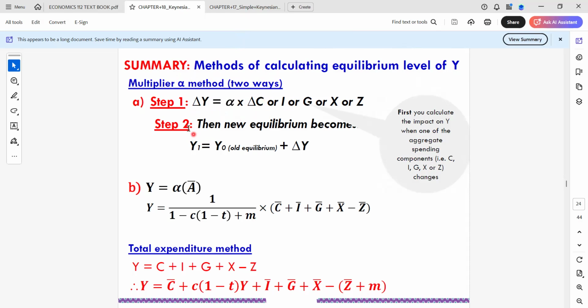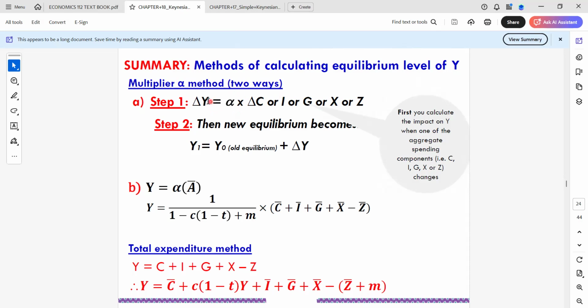Because here they're saying that if you're using the multiplier approach and you are trying to calculate equilibrium income, you can say a change in income equals the multiplier times a change in any component of aggregate expenditure, right?